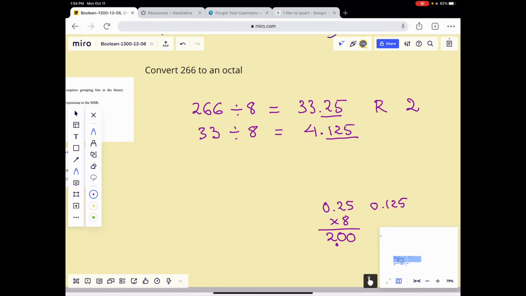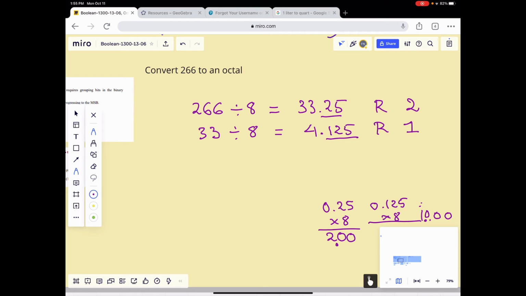And then you take 0.125 and multiply by 8. The answer is 1, so the remainder equals 1.